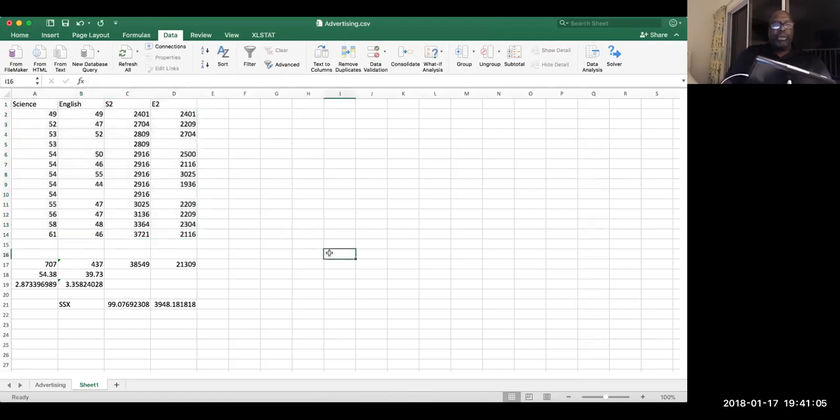So I've sorted the values. I'm just going to write it down on my iPad for a second because I will switch to my iPad. Give me a second. So science, and then the number of hours, so we have 49, 52. So you guys could be writing that data down if you want to. 53, 54, 54, 54, 54, 54.